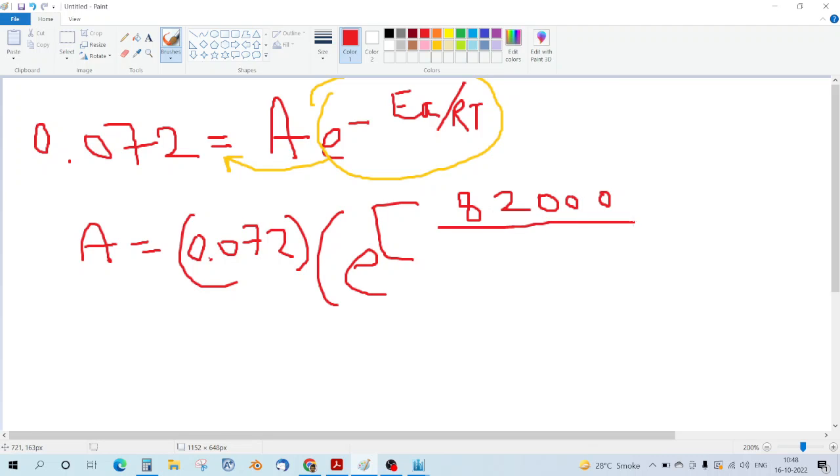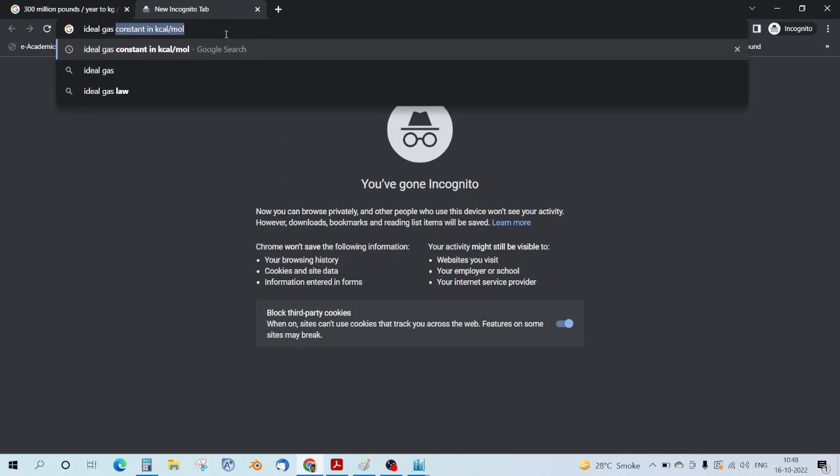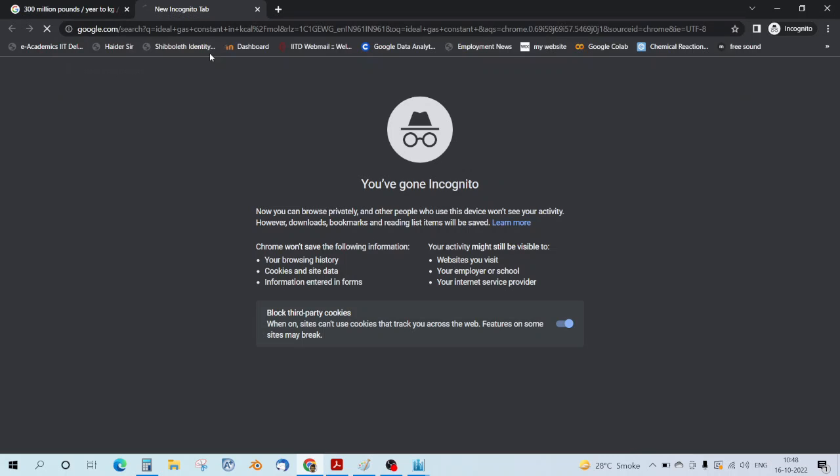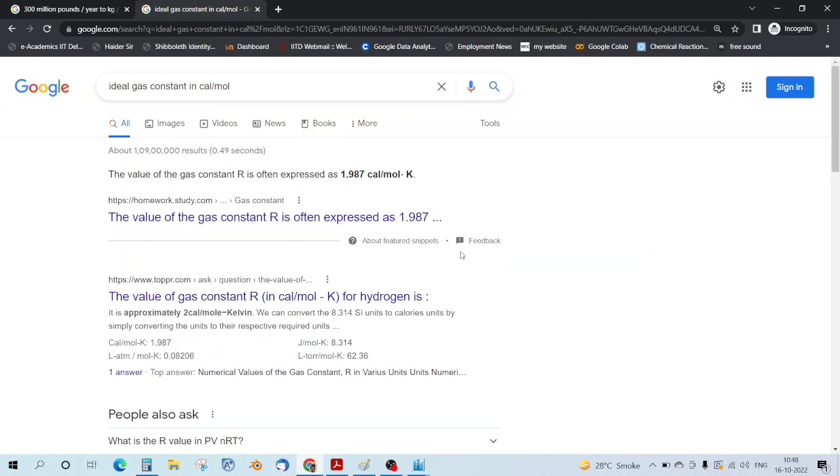Okay, just remember the units are in cal, and for cal the R value is 1.98, I think. I just remember it to be 1.98. Let me check. Ideal gas constant, yeah, in kilocal it's 1.98. If we use cal, then it's 1.987.